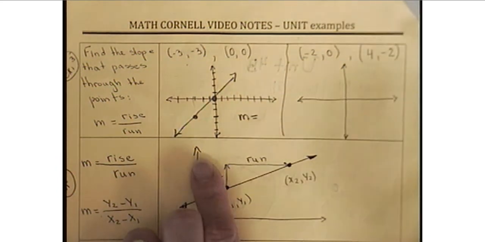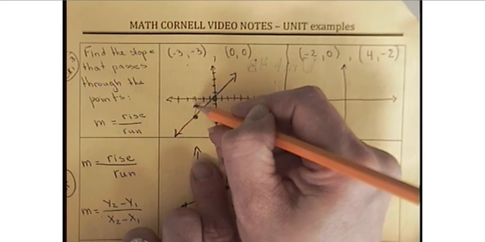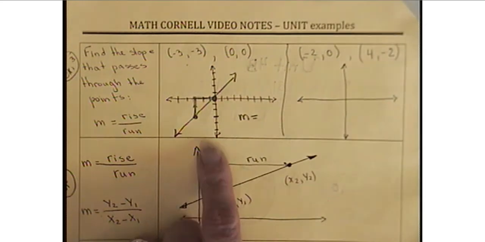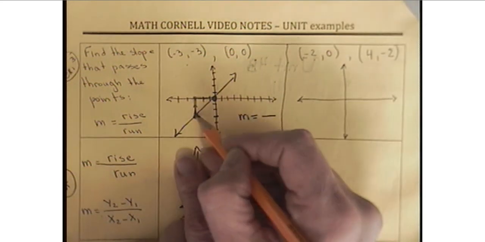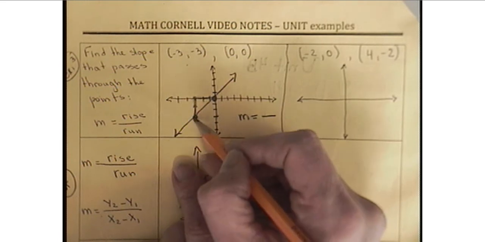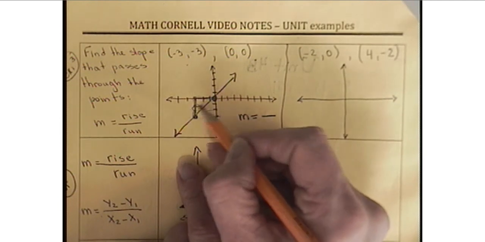So how do we calculate from the graph? Well, we need to go this direction and then this direction. Okay, so this is kind of a little triangle. And we know that the upper direction stands for rise. So let's see how many blocks. One block, two blocks, three blocks.